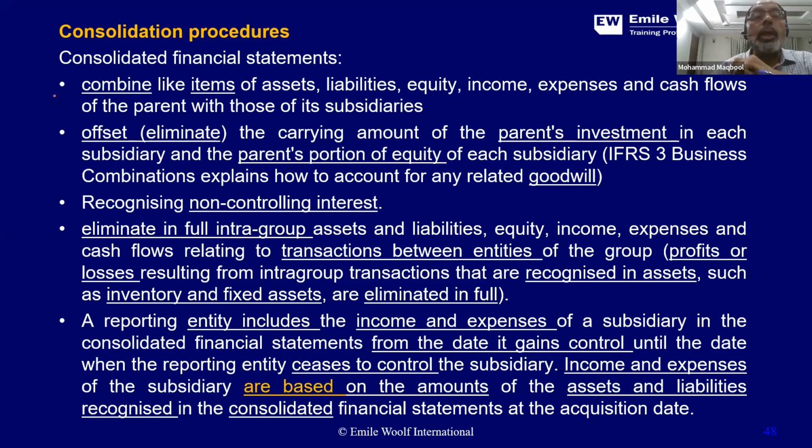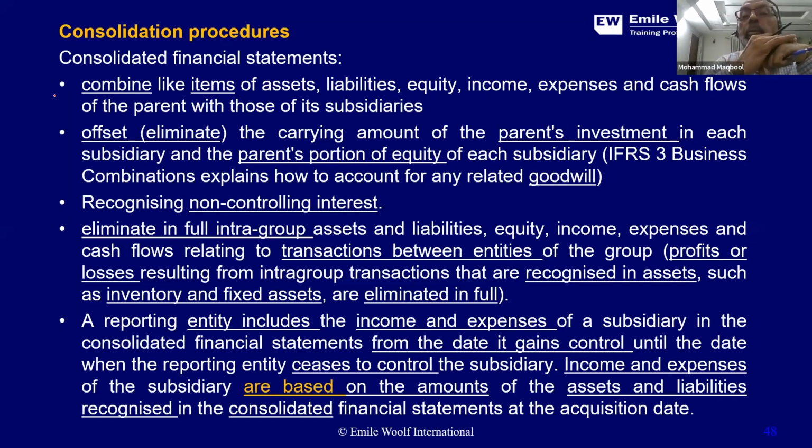Offset and eliminate the carrying amount of the parent's investment in the subsidiary. Remember, I substituted the 150,000 investment in the company with the various figures, which were assets, liabilities, non-controlling interest, gain, GBP. That's what they're saying.